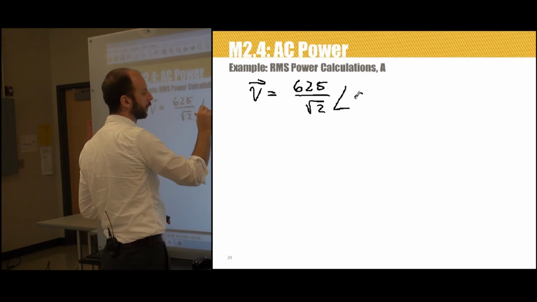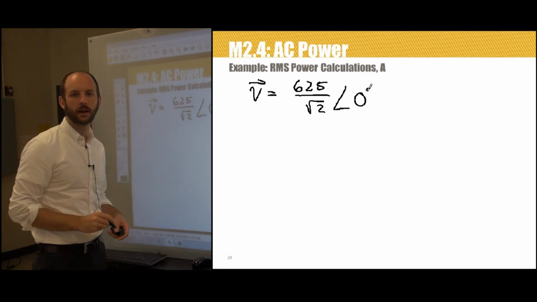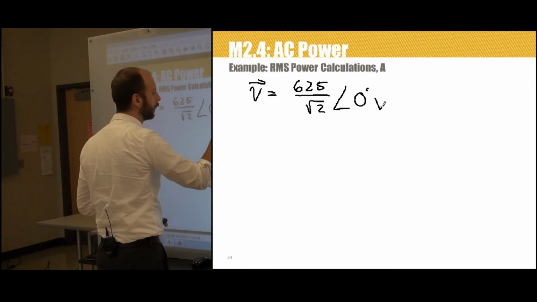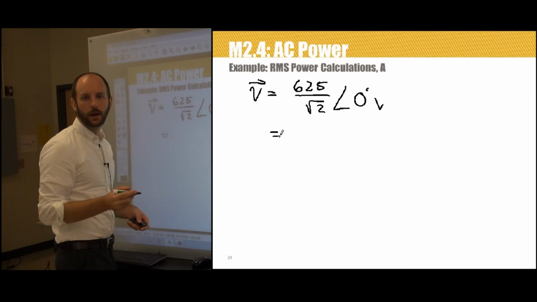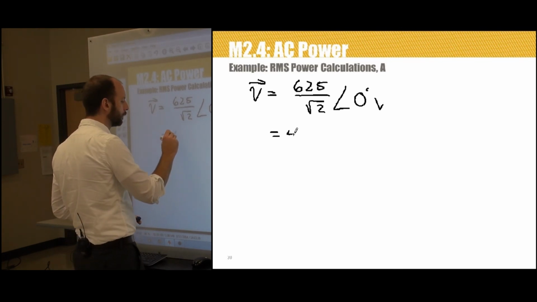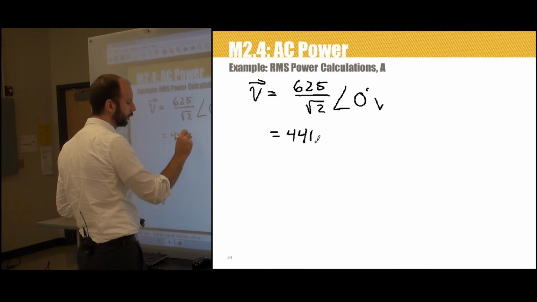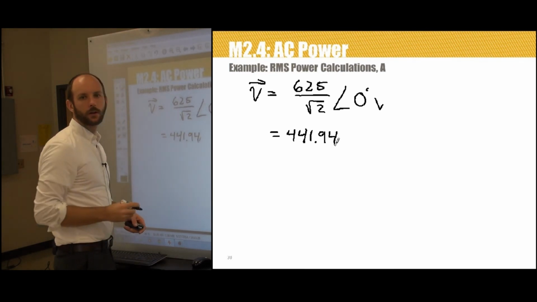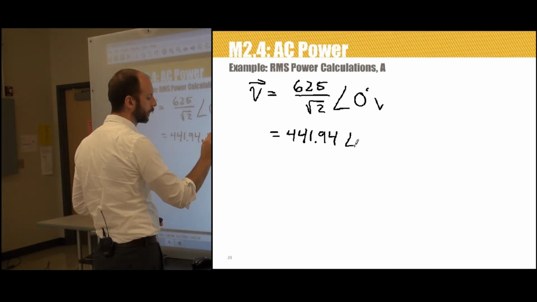We use it as the reference phasor, which means it's at an angle of 0 degrees. So what does that give us? We do the math there. It's 441.94 volts at an angle of 0 degrees.